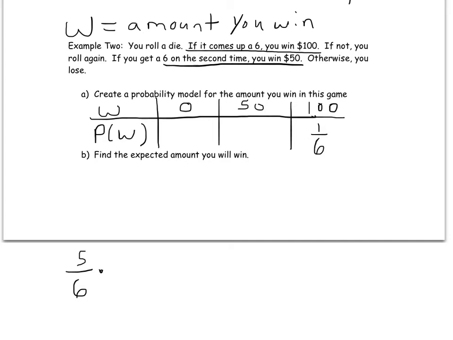Then I multiply that by the chance of getting a 6 on the second roll, because that's got to happen. Each roll of the die is independent. So it's 5/6 times 1/6, and it has to happen in that order. I have to not get a 6 first, and follow that up with the 6. I can multiply those probabilities because the events are independent. So that is 5 out of 36.